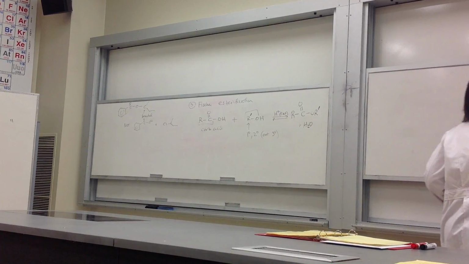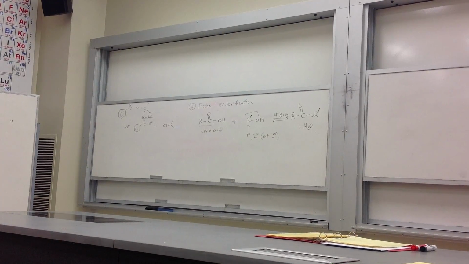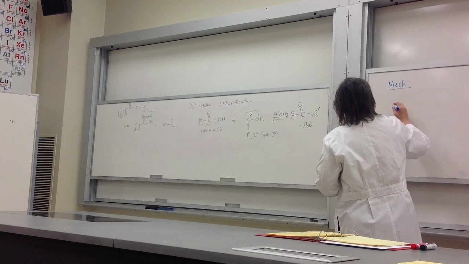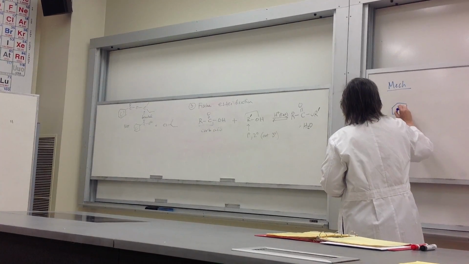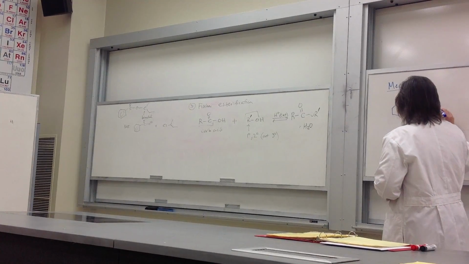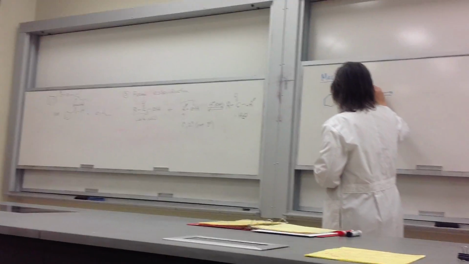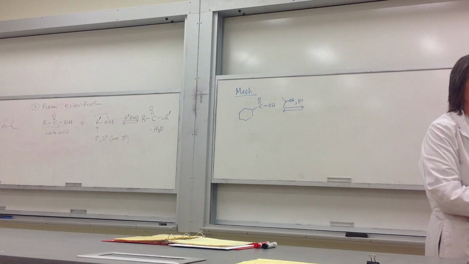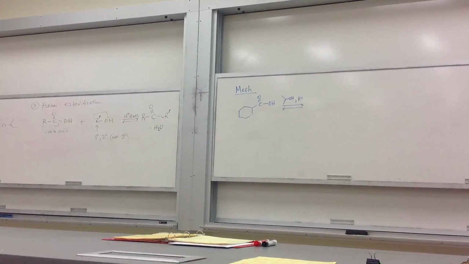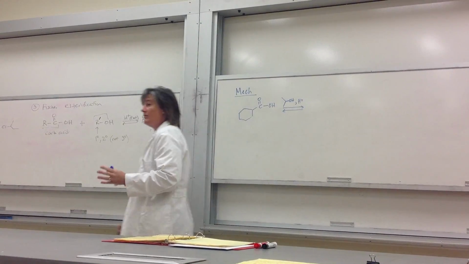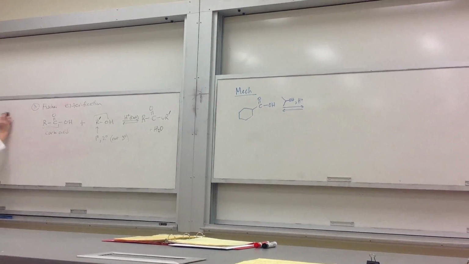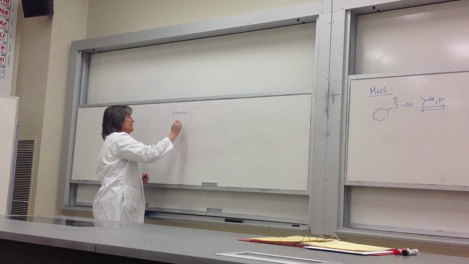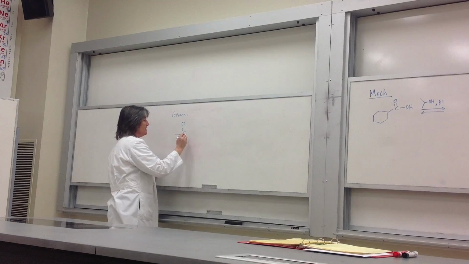All right, let's do a mechanism. In these kinds of mechanisms, and we're going to see this is true with the derivatives as well, when we have a nucleophile, in general, we have a C double bond O and whatever's on there.